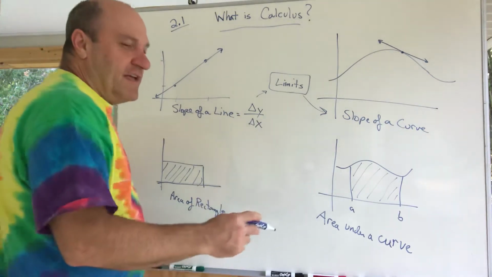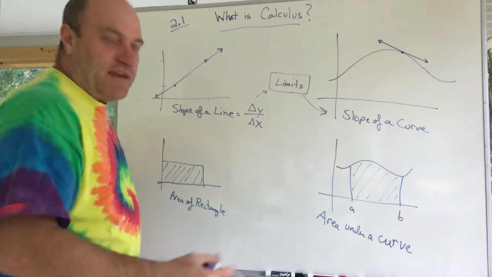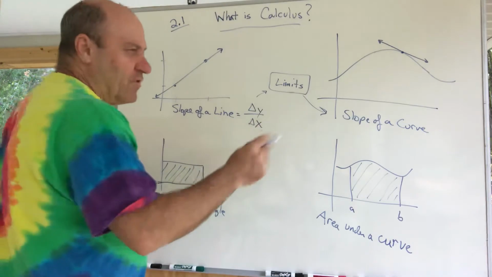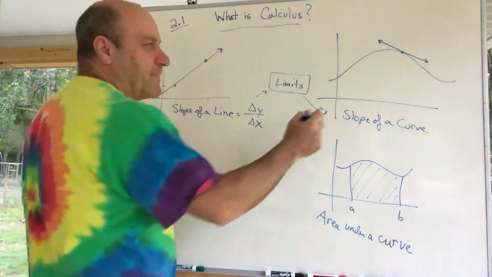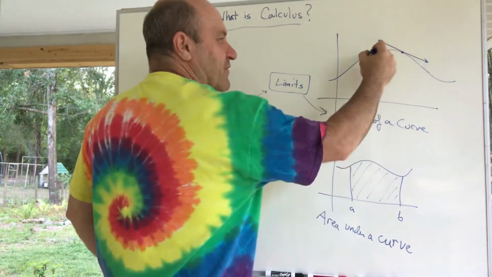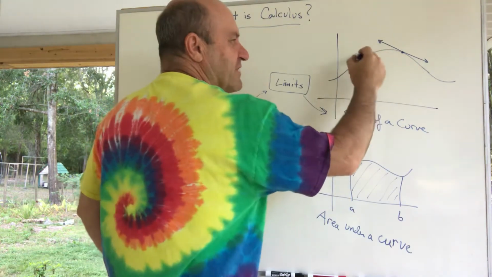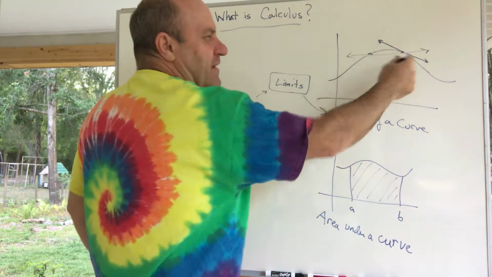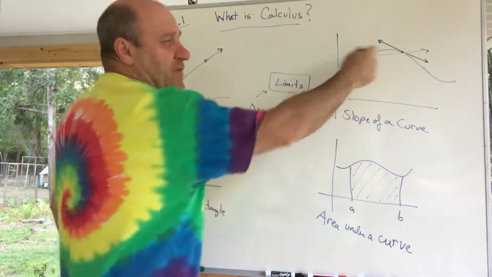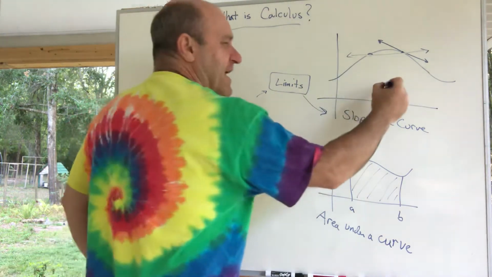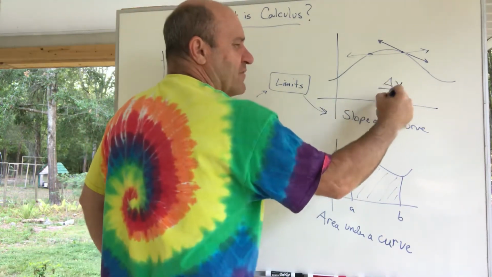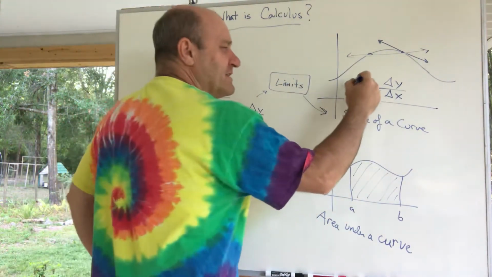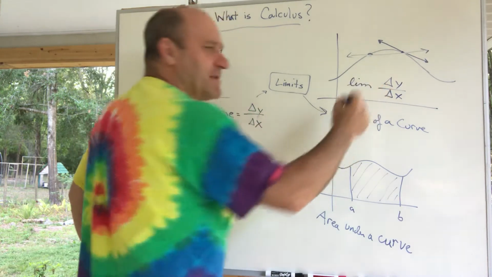What we start to do is we start to use infinity to explain these concepts and to talk about limits. Real quick, to do this slope of a curve, we have these 2 points, and if I drew that line, that's not the slope of the curve. That's some average slope between those 2 points. That's just the change in y over change in x, like we said. But if I do the limit, watch this. This is the notation, and I'll teach you limits in the next video.